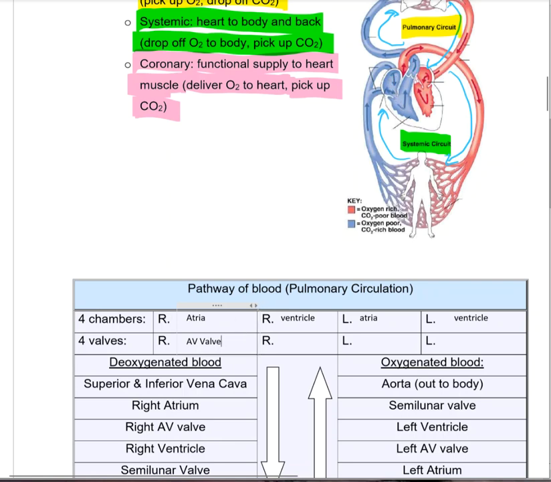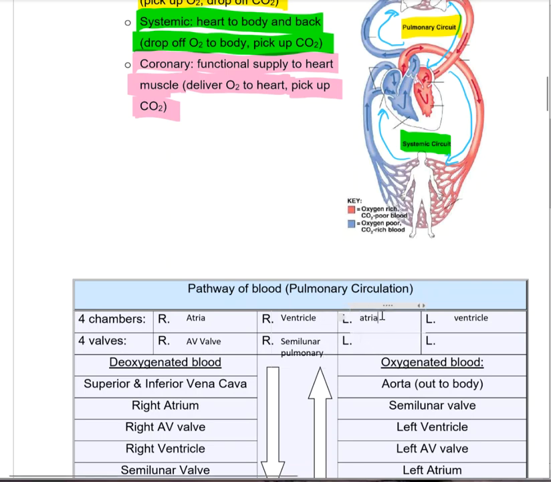Okay, so this is our right AV valve. Then we have our right semilunar valve. Semilunar valve. This one has another name, which is called the pulmonary semilunar valve, and we'll write that in, pulmonary.